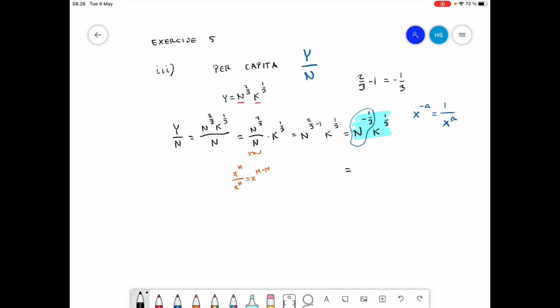So the production function would be 1 over n to the power of 1/3 times k to the power of 1/3. Now I have k to the power of 1/3 over n to the power of 1/3. This is the same as k over n to the power of 1/3.